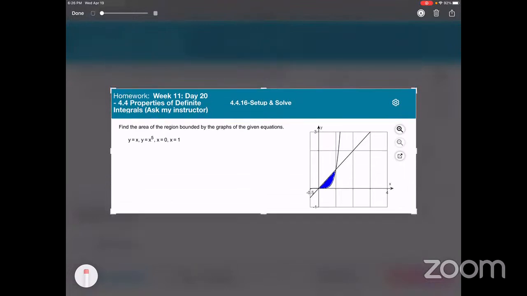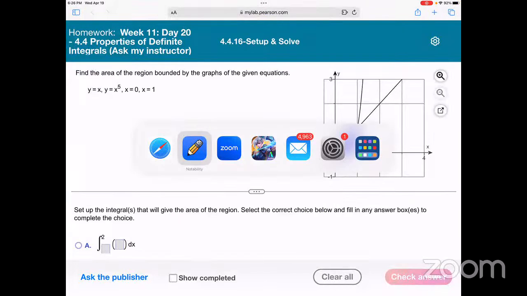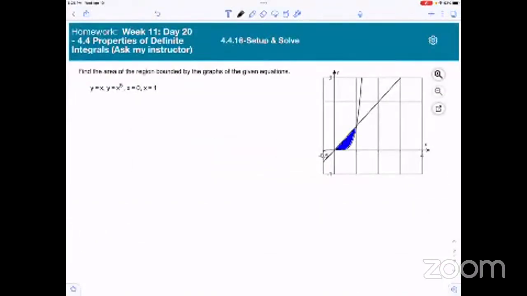Let's hop over here. Start a new page and expand it so the folks at home can see. Boom. Okay. Now that we've had the experience with the previous one, this is similar.